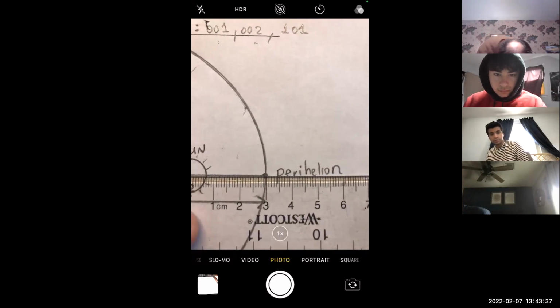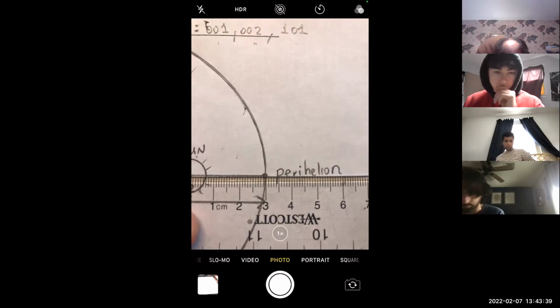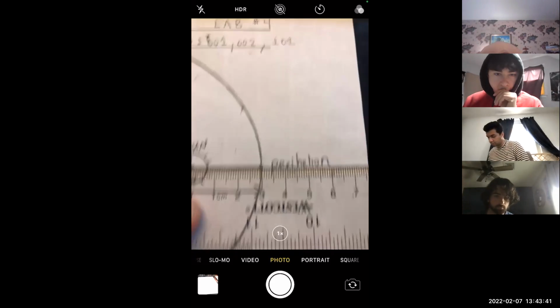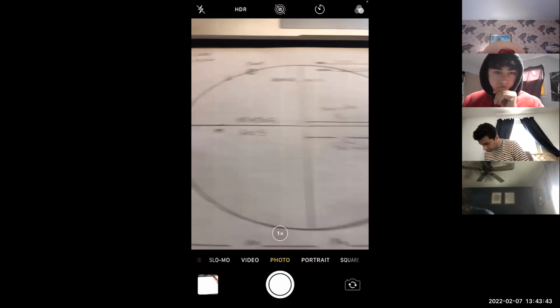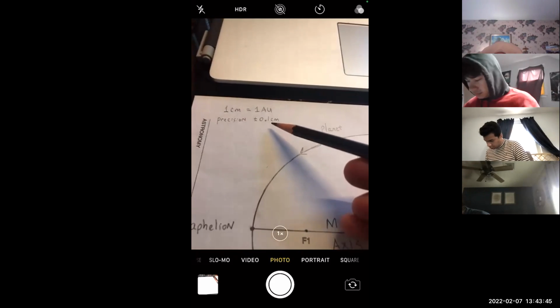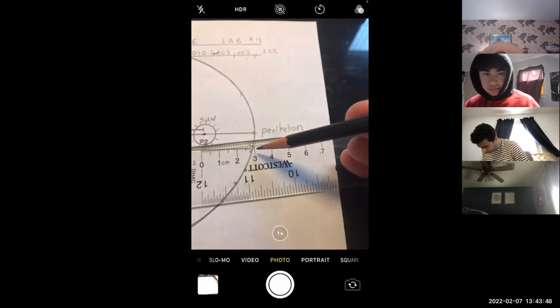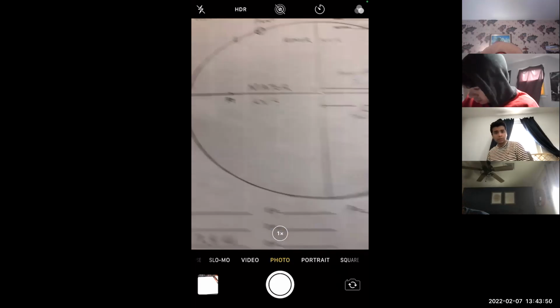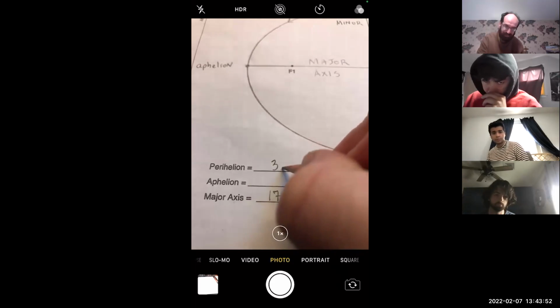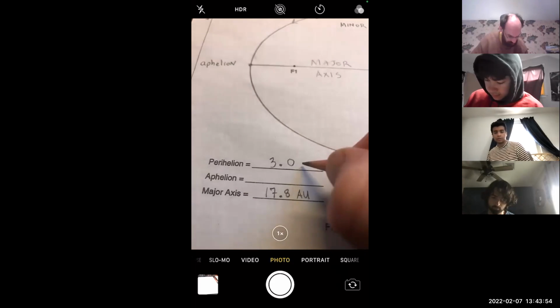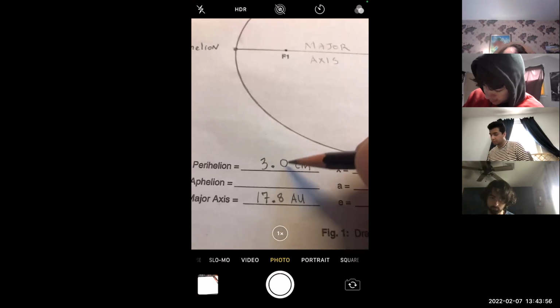But I want to demonstrate that it's not 2.9 and it's definitely not 3.1. So to show that I have 1/10 of a centimeter precision, that I actually looked to the nearest little tick mark, I will label my perihelion as 3.0 centimeters. That means I took the time to measure to the nearest little tick mark.